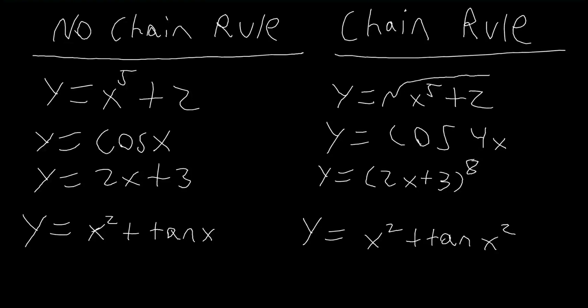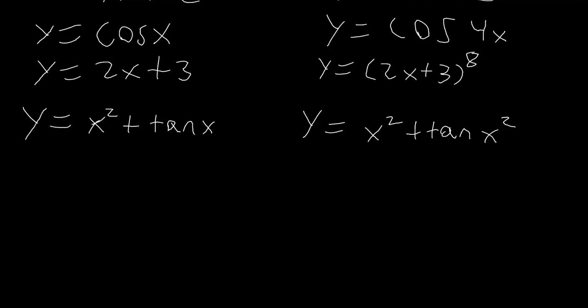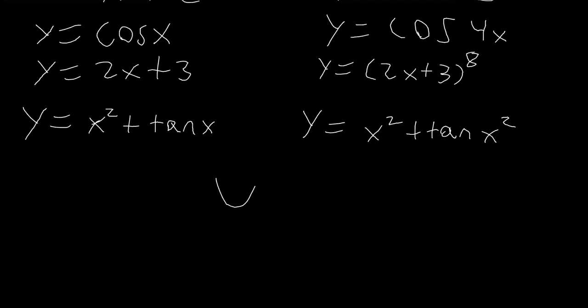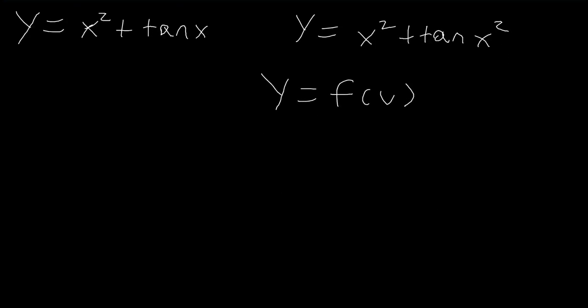Because they are composite functions, we want to simplify the inside of them by letting u be equal to the inside function. So we can say that y is equal to f of u, basically any function with u as the input, like y equals u to the seventh.